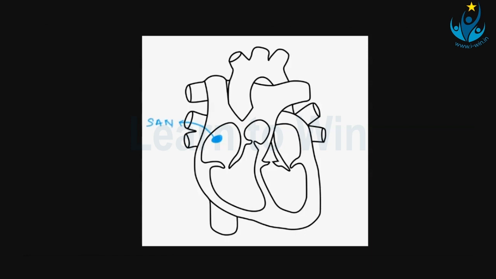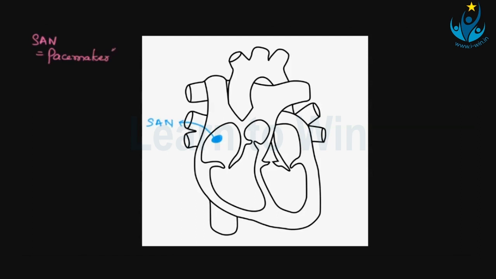Now this sinoatrial node, because of autorhythmicity, continuously generates impulses, and these impulses are for depolarization, right? That is why the SAN is also called the pacemaker of the heart.